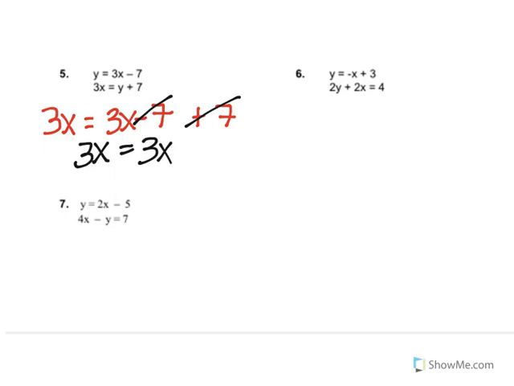And this is something that I'm not sure we've covered before in this class, but when you get to this point, if you have two sides of the equation that look exactly the same, 3x equals just 3x, that means we have infinite solutions.